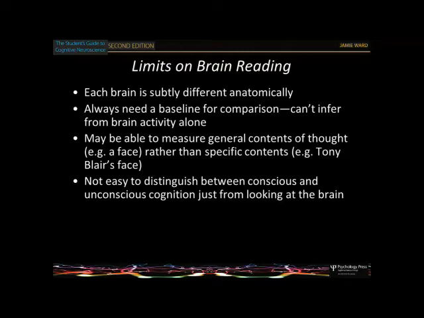You also need to look at conscious and unconscious processing. It's not easy to distinguish between the two, whether somebody is unconsciously or consciously pressing, for instance, just from looking at the brain. It might be that the brain is seeing it, the person is saying that they're not seeing it, and that could be the truth.